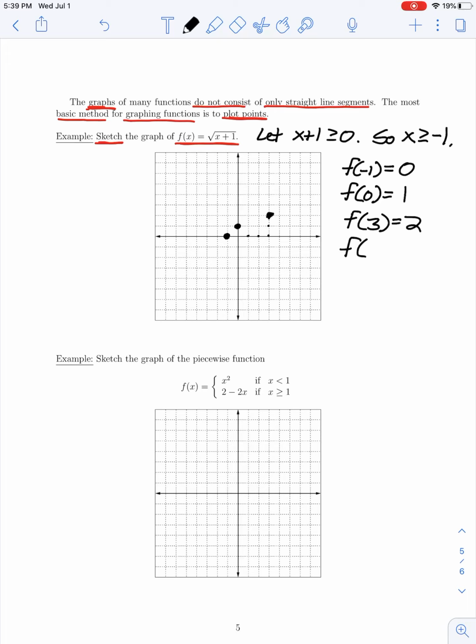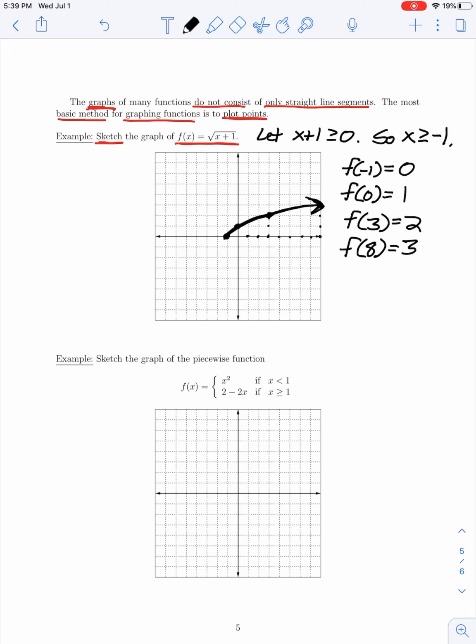And lastly, when our x value is, say, 8, f of x would be the square root of 9, or 3. So we would have the curve passing through (8, 3). So our curve looks something like this. And we could keep extending this to larger values of x, since our function is defined for all values of x that are greater than or equal to -1.